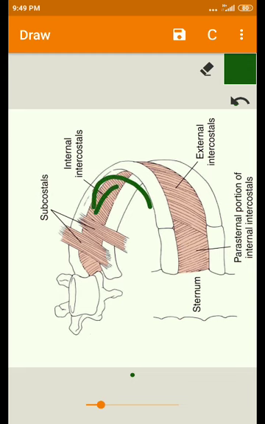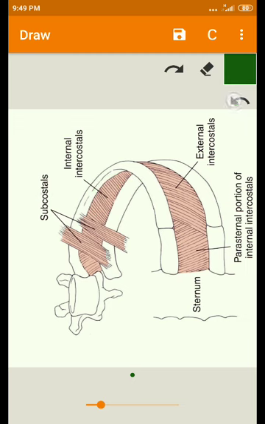So this part will have major function in respiration than the remaining part of the muscle. Okay, so we can call it as the interchondral part of the internal intercostalis, or referred to as parasternal muscles.